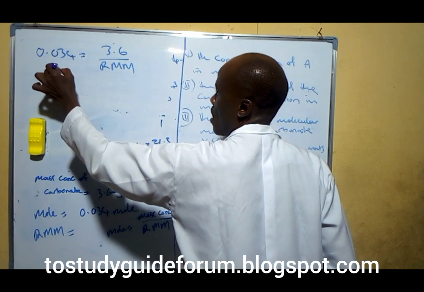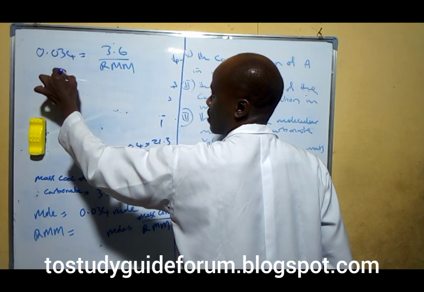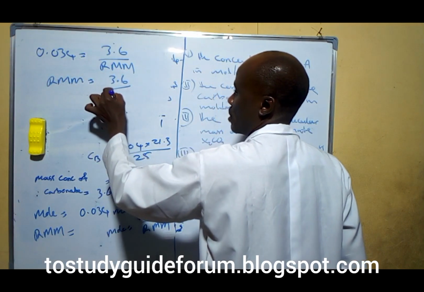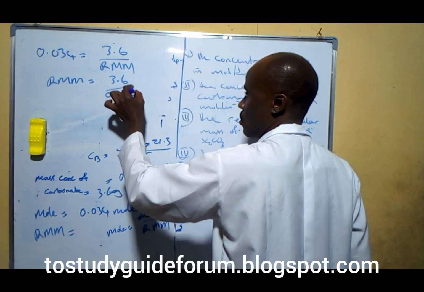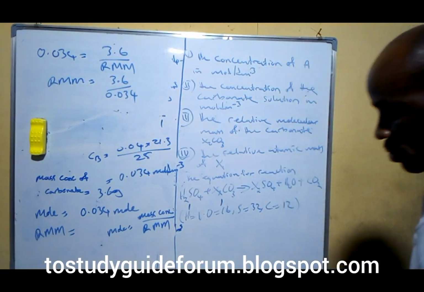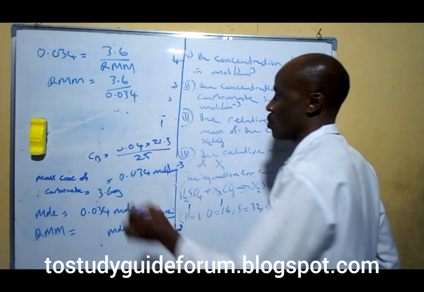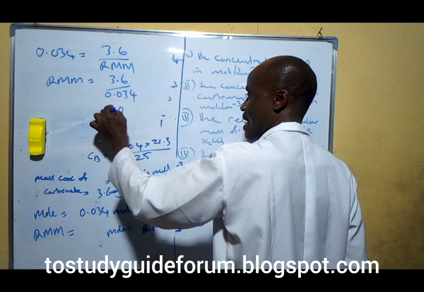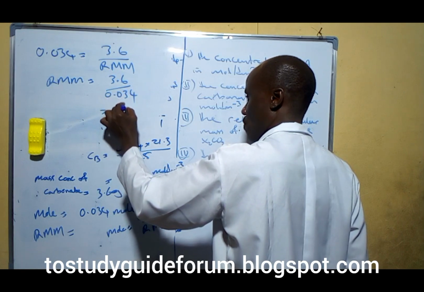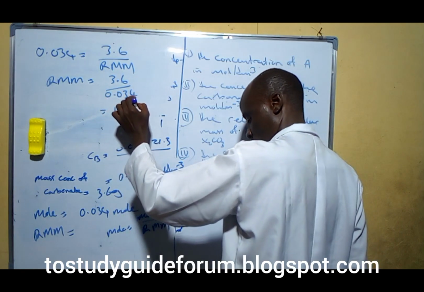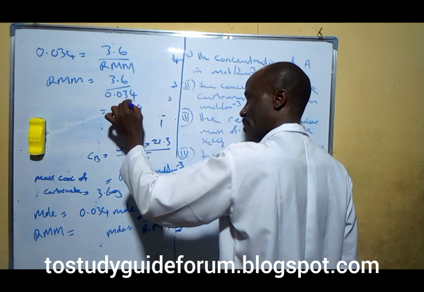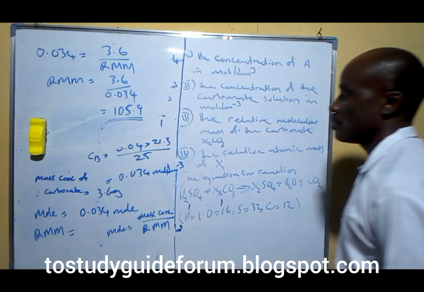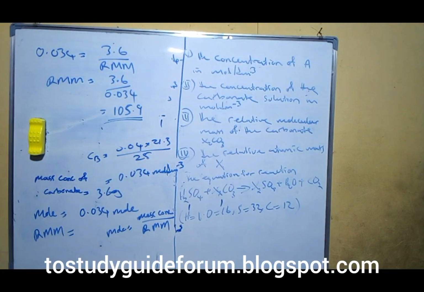The relative molecular mass will then be 3.6 all over 0.034. If we divide through, we will have 105.9 approximately.